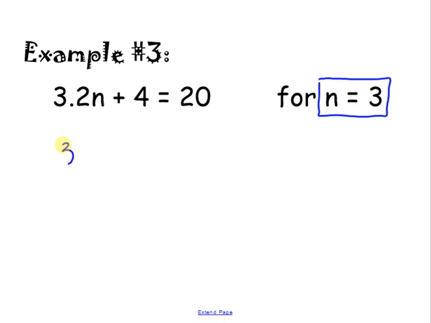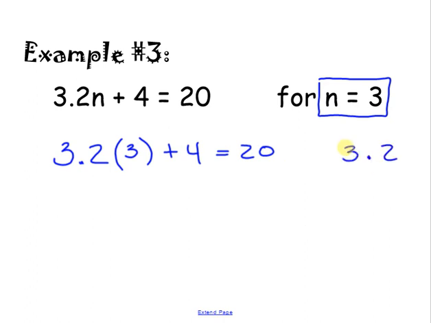So let's go ahead and put in the value for n. So 3.2 times 3 plus 4 equals 20. Order of operations tells us we need to do this multiplication first before the addition. So 3 times 2 is 6. 3 times 3 is 9. And how many numbers do I have after the decimal? 1.